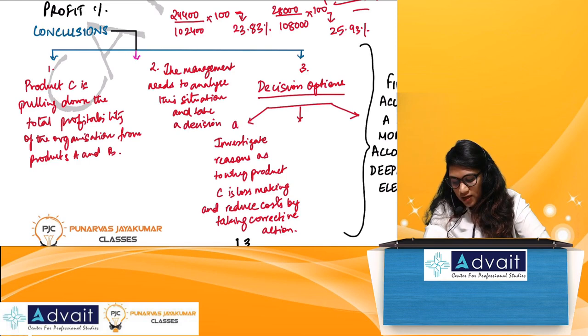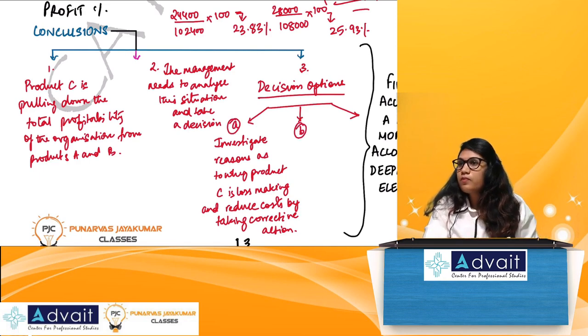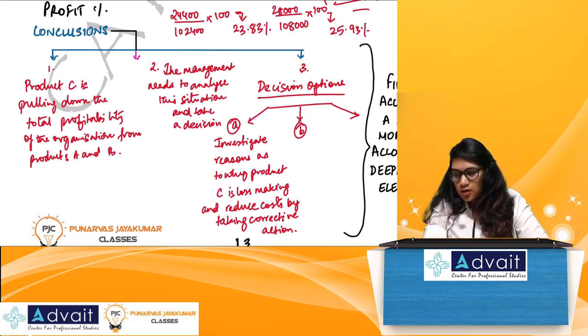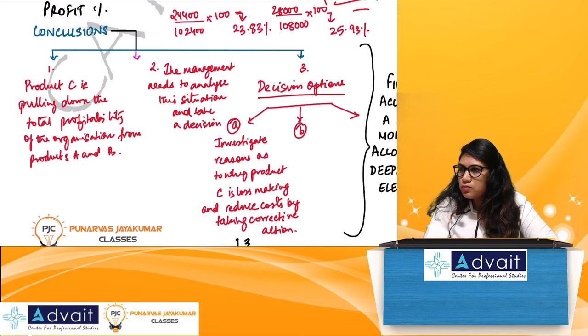So this is my first decision option. Second decision option could be, suppose costs can't be reduced. That cost was correct. There was nothing wrong with the cost. I did not waste anything. Then what else could I do?